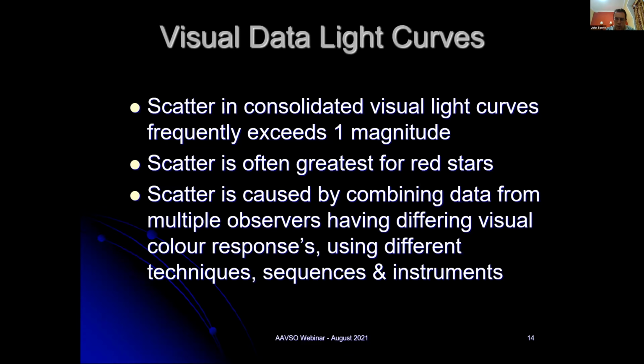Now, let's try to make sure that this is as accurate as it possibly can be. Note the scatter in consolidated light curves using many observers' data frequently exceeds 1 magnitude, and is often greater for red stars. The reason for that is you've got multiple observers having different visual color responses, using different techniques from different locations in the world, using different sequences and instruments.